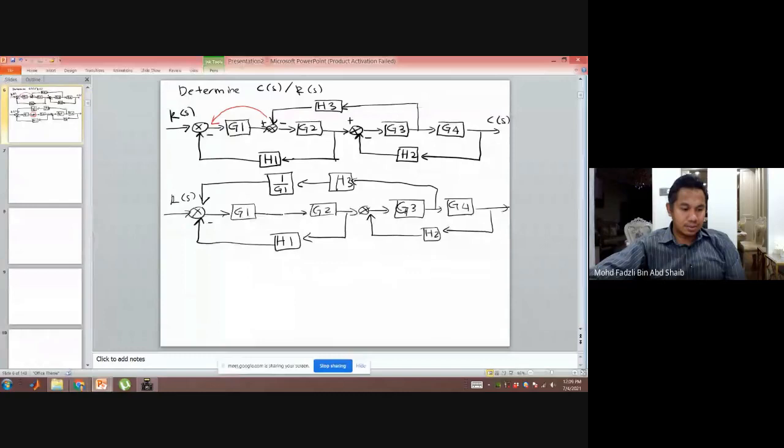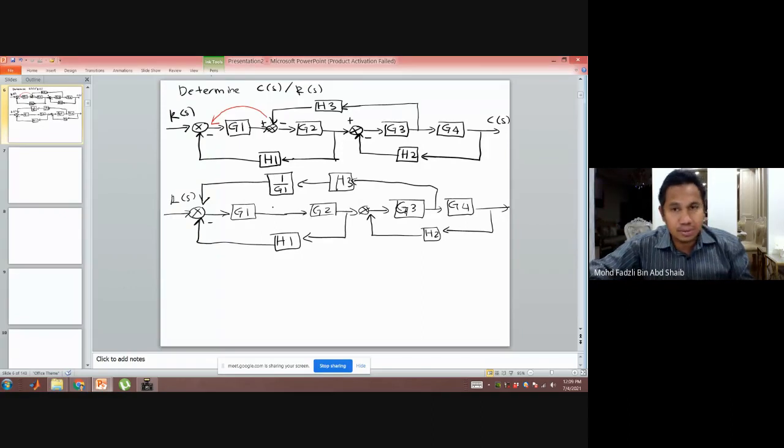We have this, this can combine, right? This one becomes what? H3 over G1, is it? This one combines to H3 over G1.